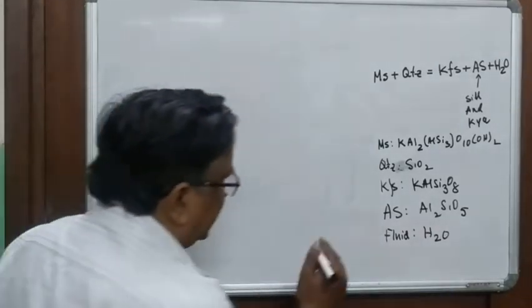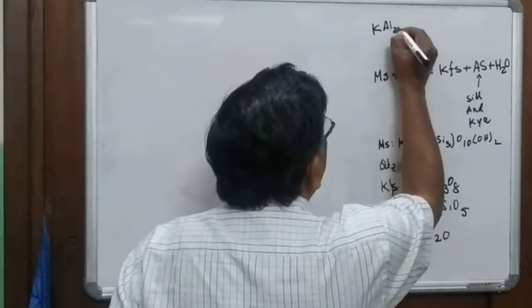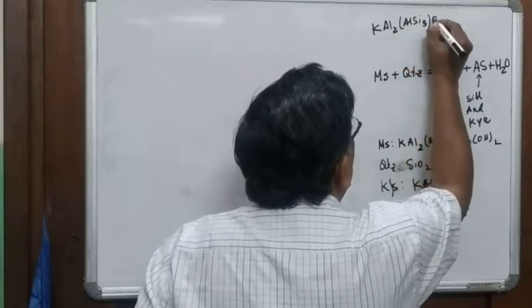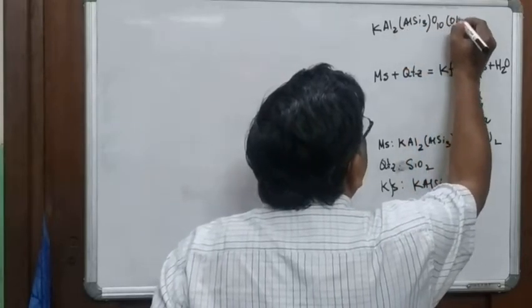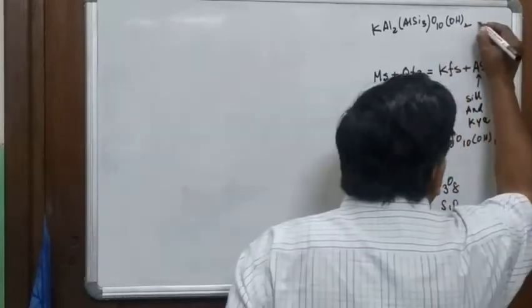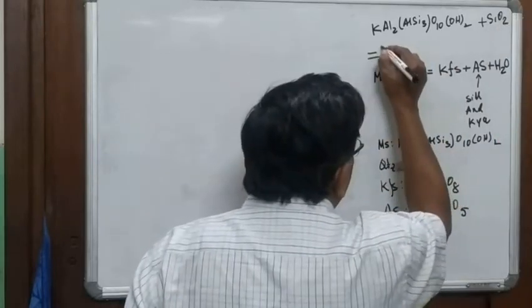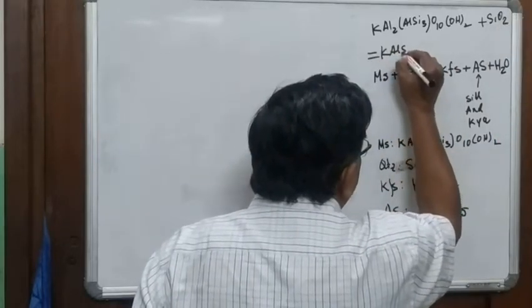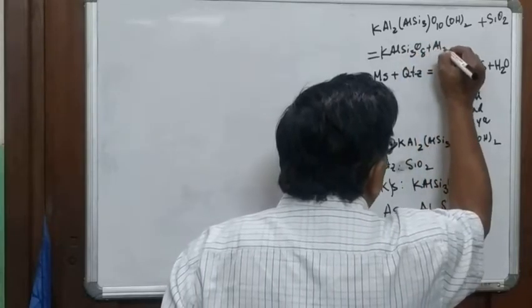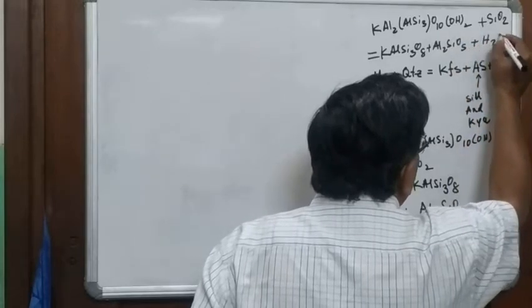Now the reaction, if you write, it is like this: KAl2(AlSi3O10)(OH)2, these are the reactants, plus SiO2 is equal to KAlSi3O8 plus Al2SiO5 plus H2O.